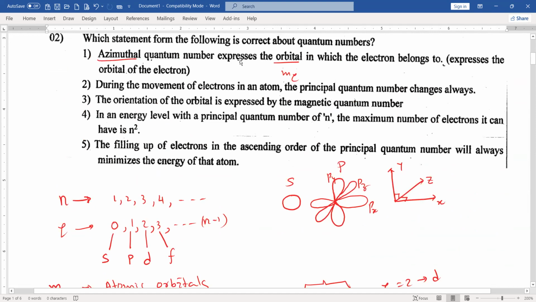That means during the movement of electrons in an atom, the movement may be orbiting around the nucleus, or sometimes the movement may be in between two energy levels. If it is moving in between two energy levels, it changes the quantum number. Otherwise, it will be the same.